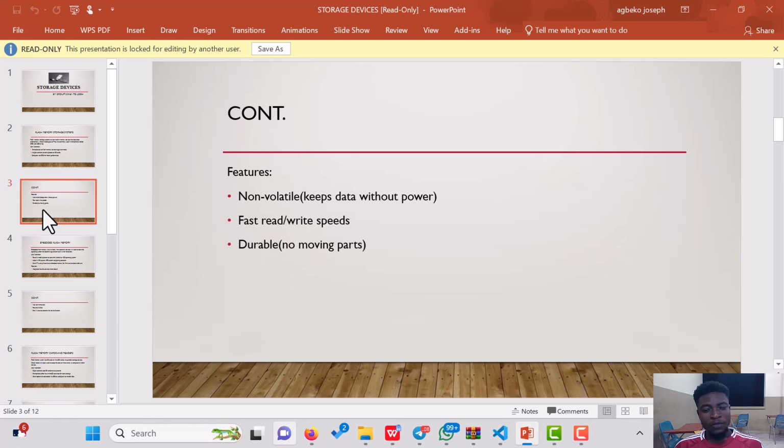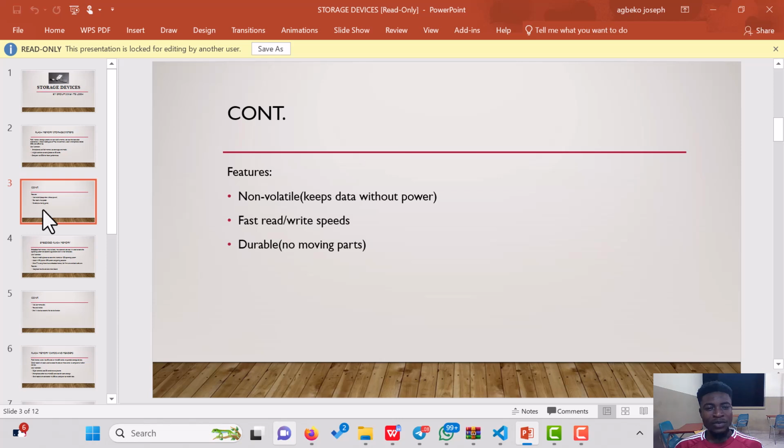For example, a USB. Let me use the USB as an example. When we insert the USB in the USB port, and for instance, you are working on a project and you are done, and you store all that project, your videos and everything on the pen drive, and unfortunately the machine goes off.